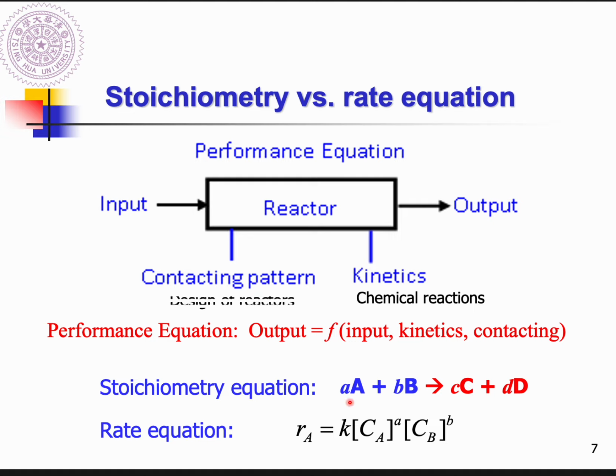Okay. And besides the kinetics part, the contacting pattern also affects a lot. What's the contacting pattern? It means how the reactants react with each other, so we call this the contacting pattern. That depends on the design of reactors.